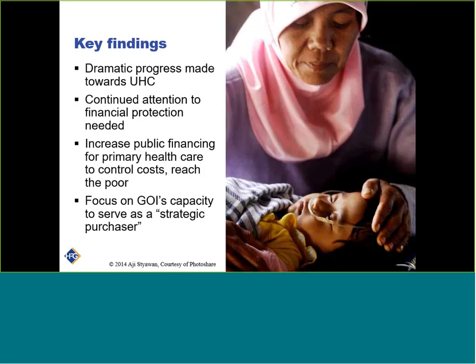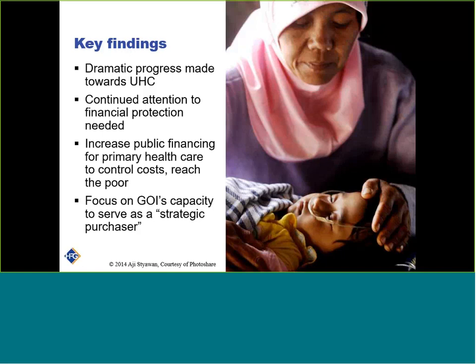So just a couple of the highlights from that assessment. Our findings acknowledged the enormous progress that Indonesia was making toward its goal of UHC. However, we also noted that financial protection still needed to be strengthened in the country because around two-fifths of health financing was still coming from out-of-pocket sources, even though nominal coverage under the insurance scheme was expanding.